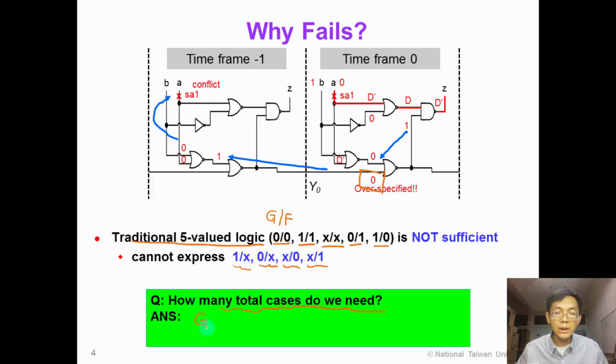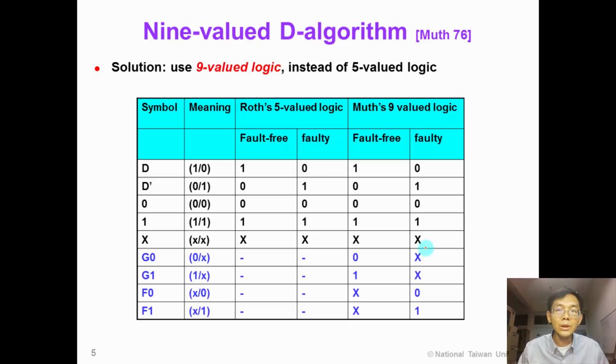For the good circuit and the faulty circuit, we will need 0, 1, unknown. So totally, we will need 3 squared, which is 9 different logic values. So, in 1976, Muth proposed to use the 9-value D algorithm to solve this problem.